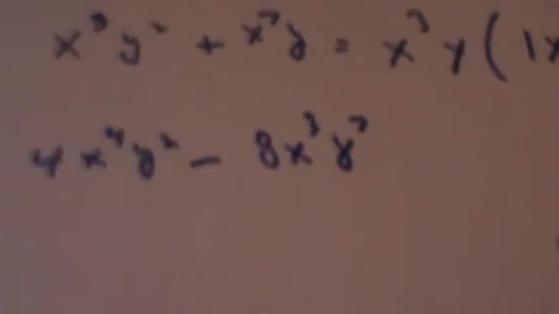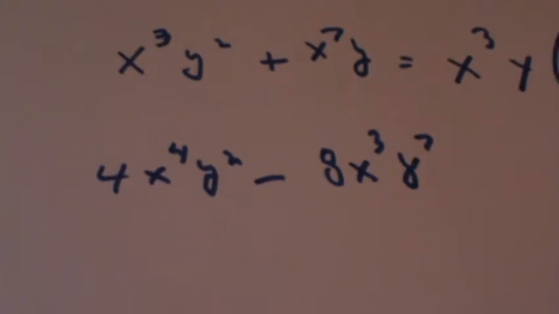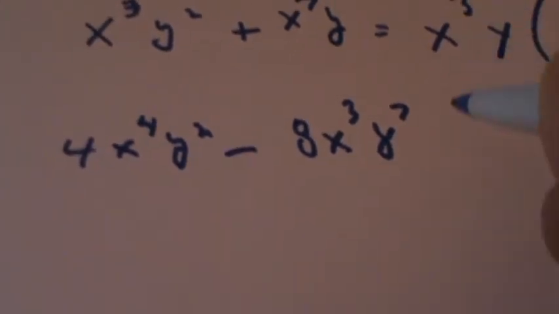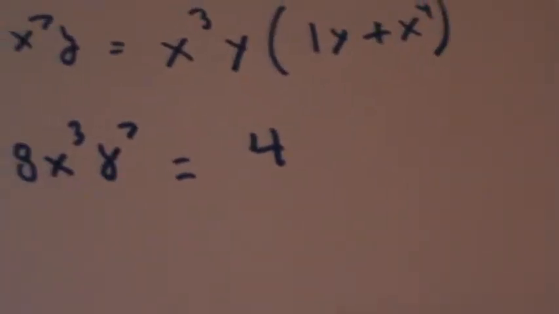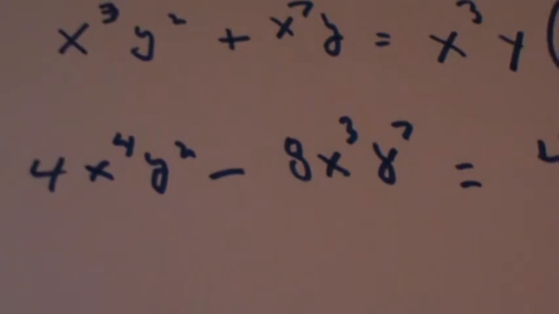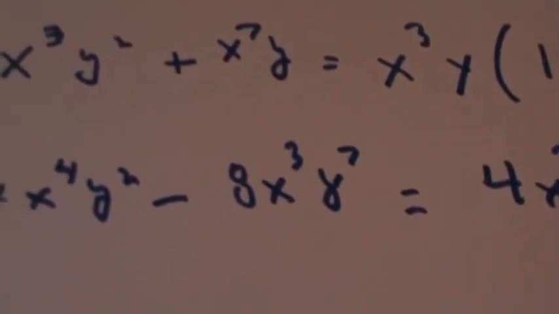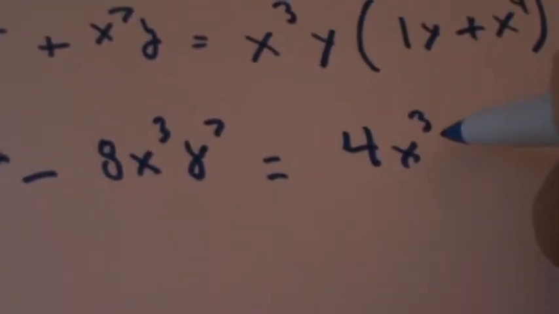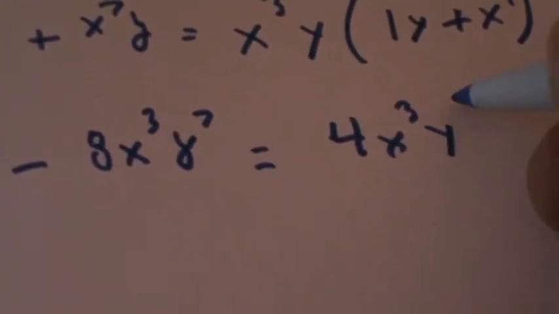In this case, we're looking at 4 and 8. The greatest common factor for 4 and 8 turns out to be the number 4, so that goes right there. Now we look at x to the fourth and x to the third. Take out the one with the smallest exponent, which will be x to the third. Now we've got y squared and y to the 7. Take out the one with the smallest exponent, which is y to the second.